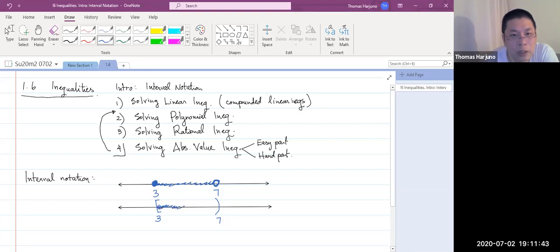You see the bracket on the left-hand side opens to the right, and the parenthesis on the right-hand side opens to the left. So we know that it actually means this interval. Okay, so bracket means including endpoints.